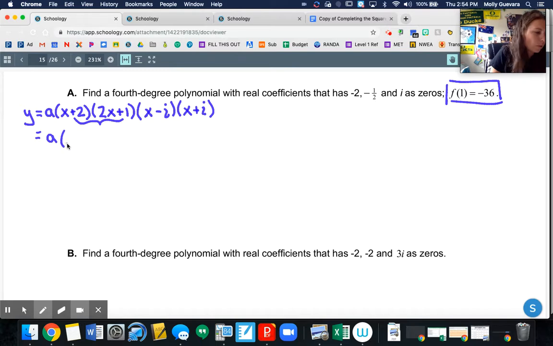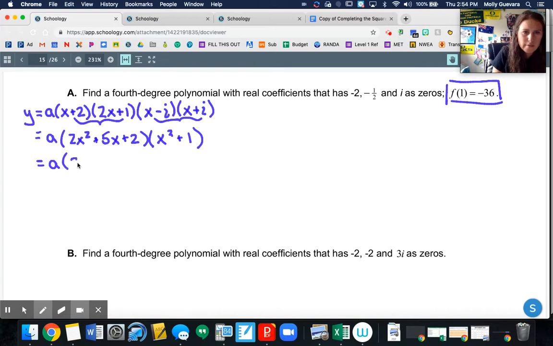So if I multiply those out, I get 2x squared plus 5x plus 2. And if I multiply these guys out, x squared is x squared plus 1 squared is 1. All good? And I'm going to keep going. And I'm going to distribute this out.